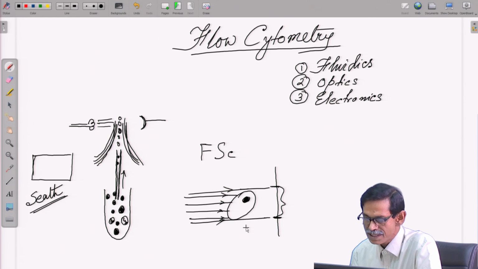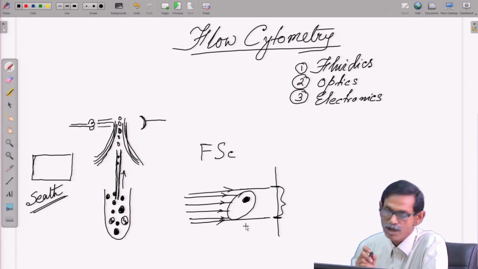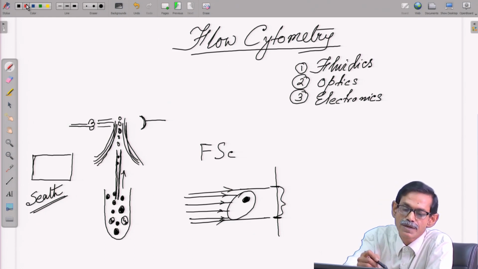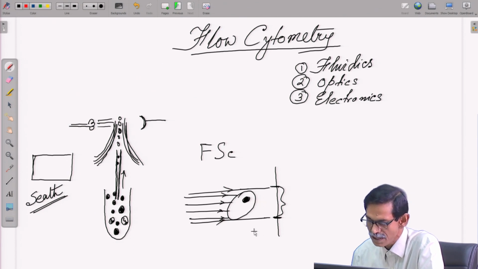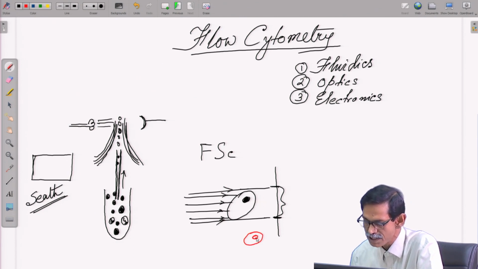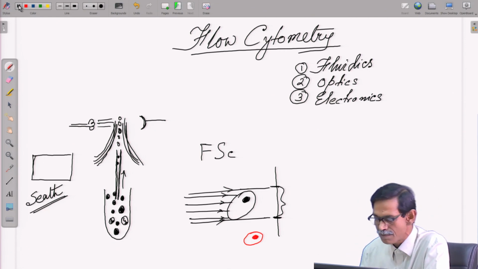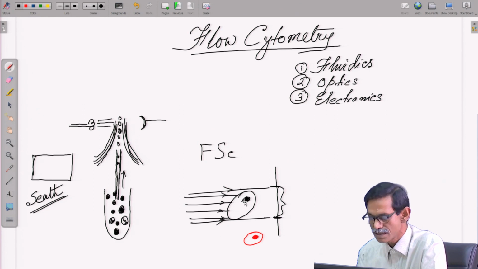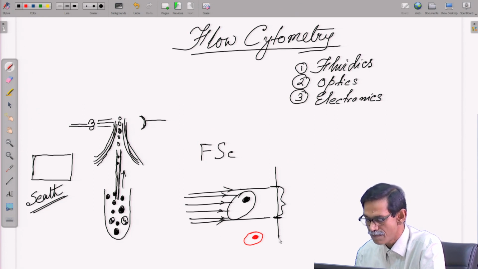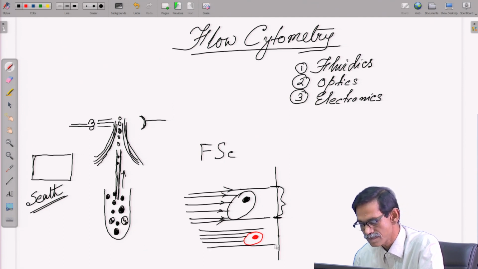If there is another, similar cell which is small, and the light comes, I am drawing in parallel, but it will happen one by one. Again the same source will give the light, and the shadow size will be smaller than this.